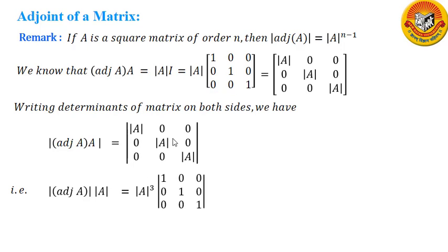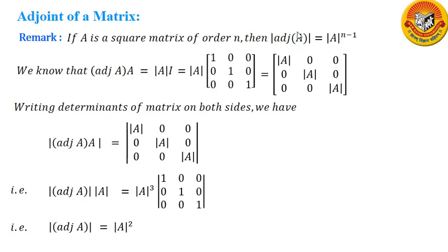And on the right hand side, from each row or from each column, I will take determinant A common, so I will get determinant A the whole cube. Now determinant of this unit matrix is 1, so I will say that determinant of adjoint A is equal to determinant of A cube divided by determinant of A, that gives me determinant of A square.